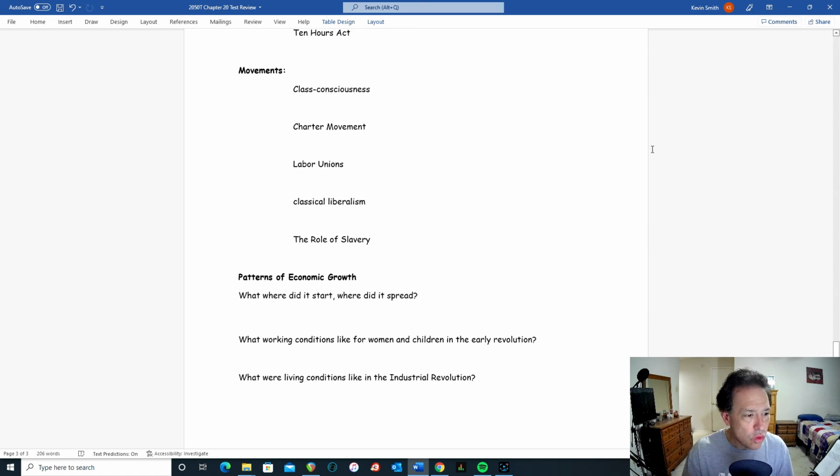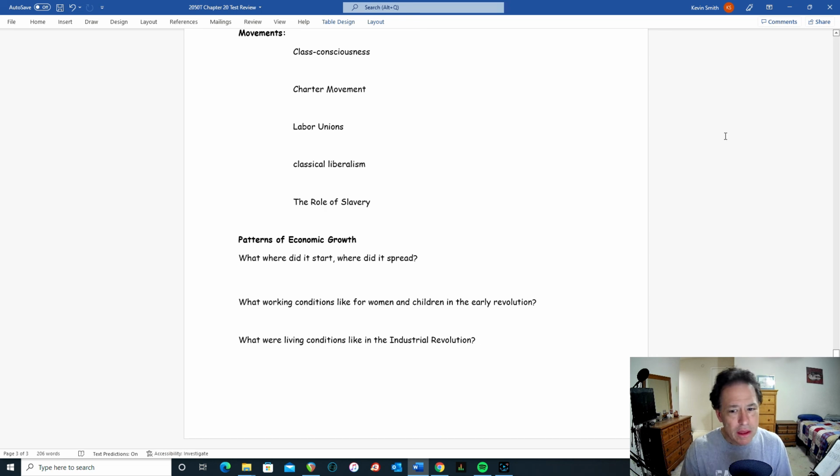And so the role of slavery. We don't tend to think of slavery as having a role in the Industrial Revolution, but slavery was still alive and well for several decades into the Industrial Revolution, and slavery interacted with the Industrial Revolution in several ways. For one thing, slavery provided raw materials to the Industrial Revolution, such as cotton, for example.